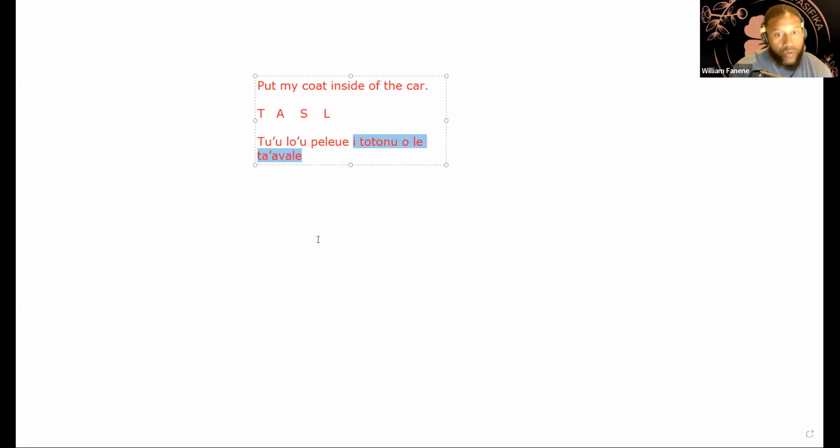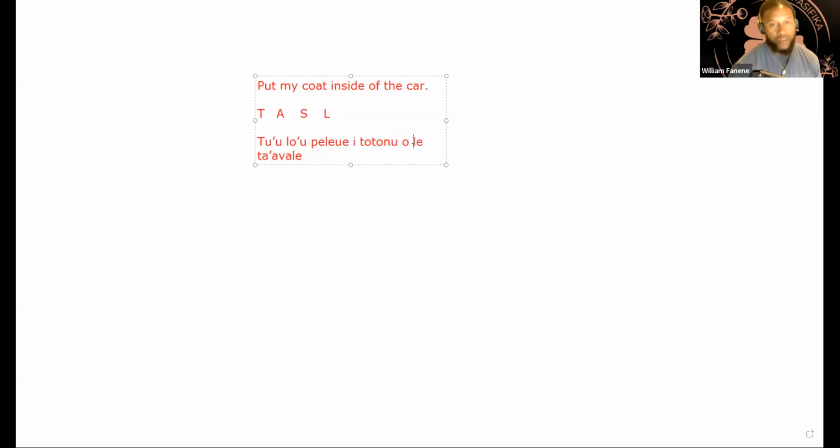I'm sorry, I wasn't sure if it was ole or ile, or is it just ole? Right, okay, so this is kind of why I like to separate it out when we're talking about itotonu o.